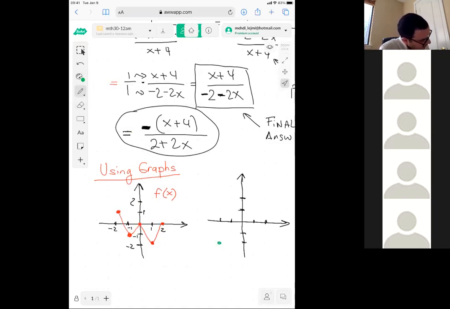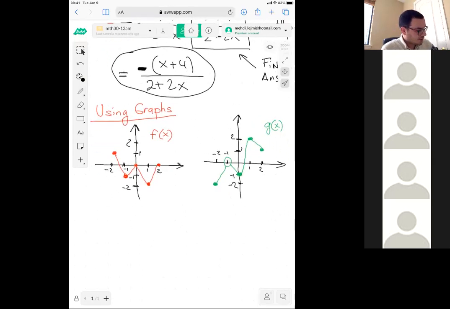So this is right here, and then we have an empty dot, and then it goes right here, and then up here, and then right here. So this is my g of x, and for your convenience, this is -2, -1, 1, 2. This is +1, +2, -2, etc. So these are the graphs of f and g.